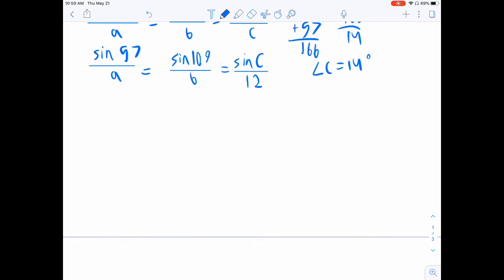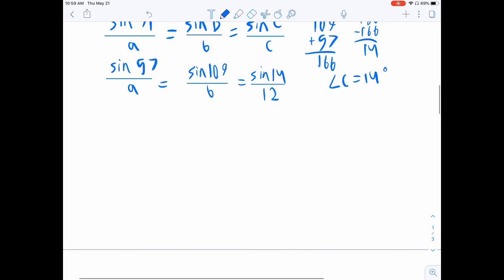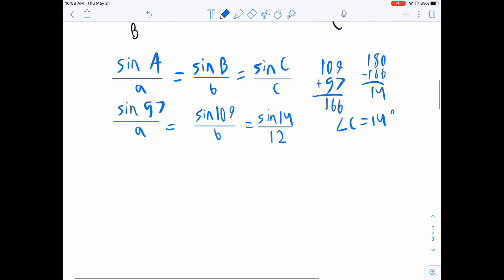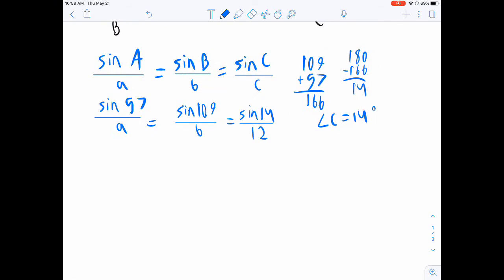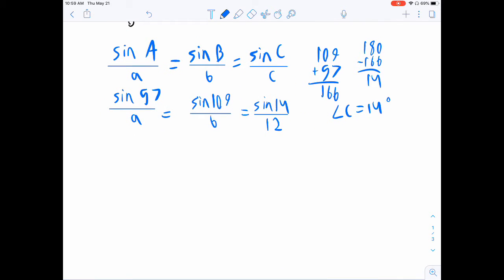So now we can put that back in our law of sines problem, being sine 14 over 12. And so now we work our way from the right to the left, which means since we have all these, we can solve for side B. So we write it as follows. B sine 14 equals 12 sine 109.